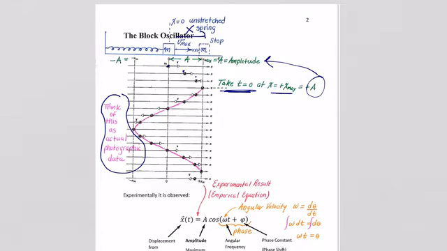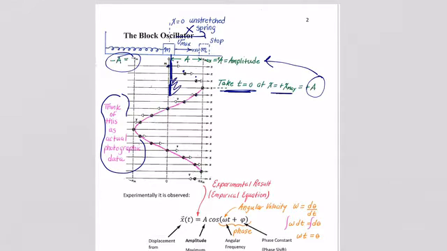So when we release the mass, it picks up speed, and then picks up more speed, and then has maximum speed right at position x equals 0, after which it begins to slow down a little more, and then finally comes to a stop here at position negative A. So let me clean this up a little bit.